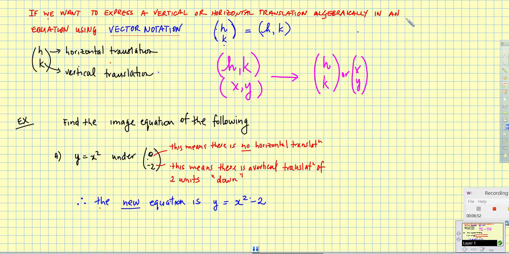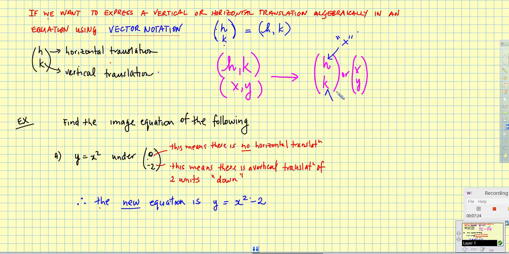Instead of writing them horizontally, if I write h, k vertically, the h stands for my horizontal translation, which is my value of the x.